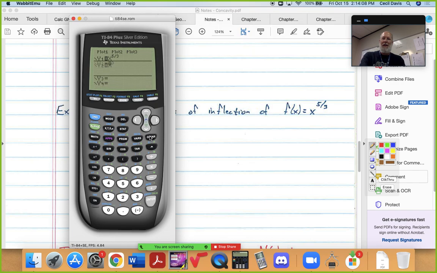Ooh, 4/3 is like a pointy parabola. Is there such a thing as a pointy parabola? Oh yeah. Graph x to the 4/3 and you'll find out. All right, well, let me zoom in on this one a little bit.